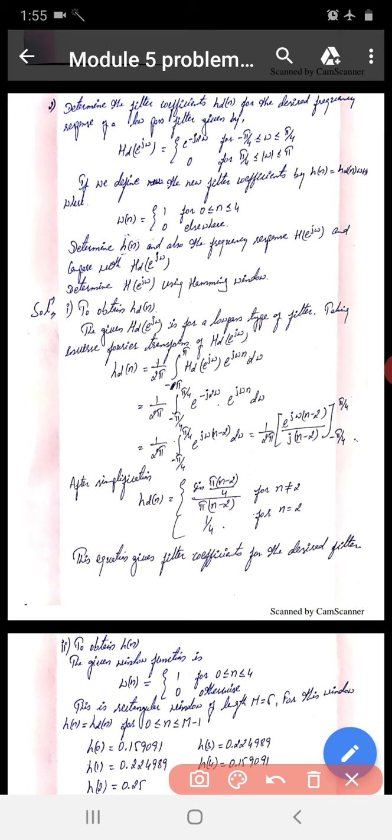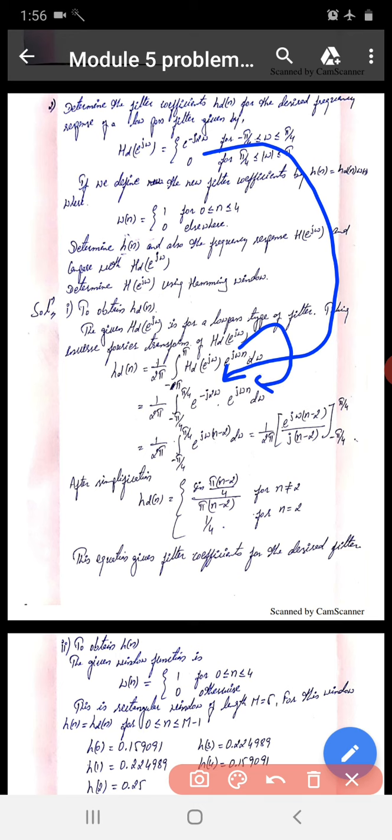Here they gave HD of e raised to j omega, that is e power minus j 2 omega. I am substituting here, then e raised to j omega as it is.